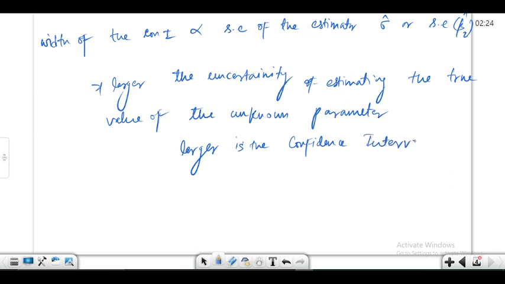So if your confidence interval is very large, it means that your prediction is not that good.